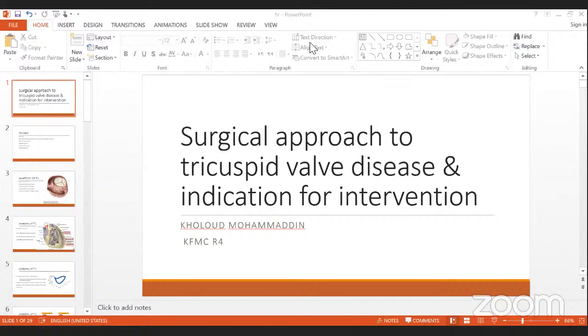In the last maybe 5 years, a lot of papers came talking about the importance of intervening, and that will affect the morbidity and mortality of the patient. But this is with the secondary TR, not the primary TR.